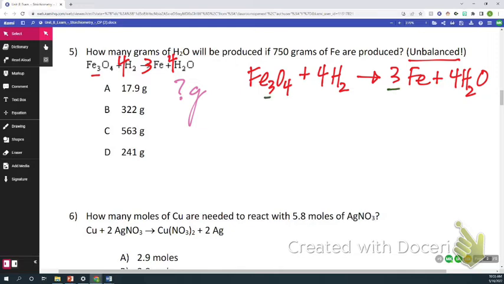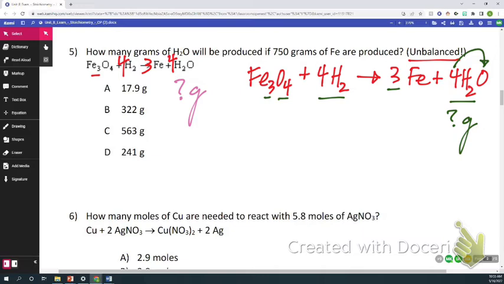You have three Fe's, 4 O's. This makes it 4 O's. And then 8 hydrogens and 8 hydrogens. So balanced. Okay, and they want grams of H2O. That's going to be your final answer.